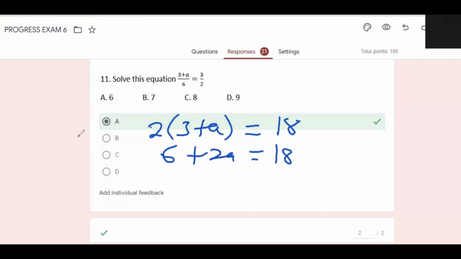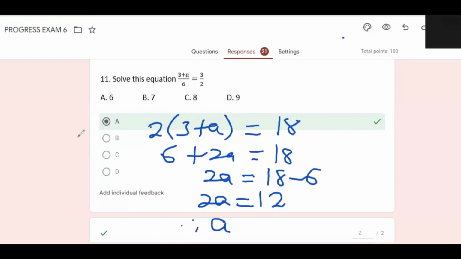And from there, what do we do? Collect like terms. So we have 2a equals 18 minus 6, which should give us 12, right? Okay, so we have 12. Then we divide both sides by 2, being the coefficient of a. So a will be 6.